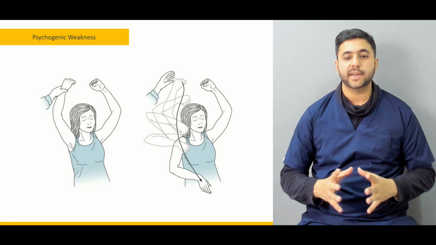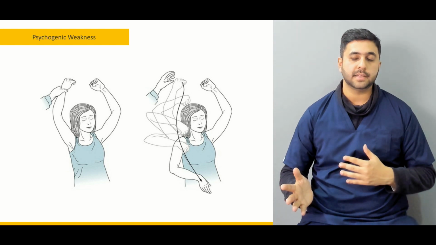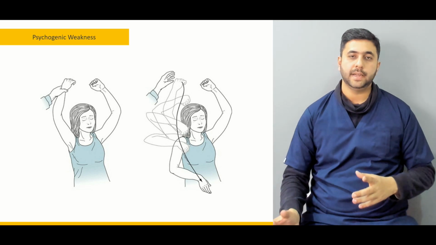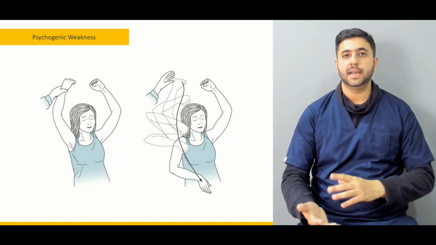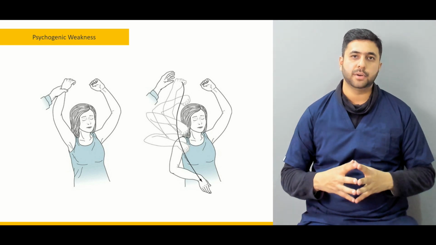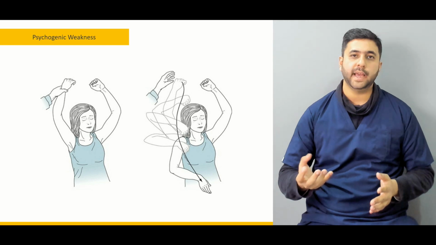So psychogenic weakness is seen in someone who presents with generalized muscle weakness or fatigue, or inability to move his arm suddenly, and the underlying mechanism is psychiatric or behavioral, and it does not point to an organic lesion.